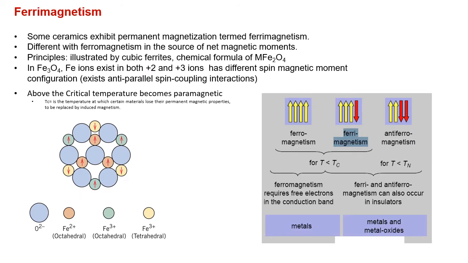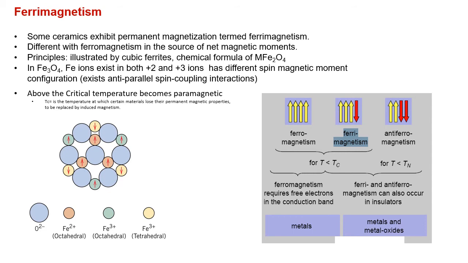Ferrimagnetism. Some ceramics exhibit permanent magnetization termed ferrimagnetism, which differs from ferromagnetism in the source of net magnetic moments. The principles are illustrated by cubic ferrites, with chemical formula MFe2O4.